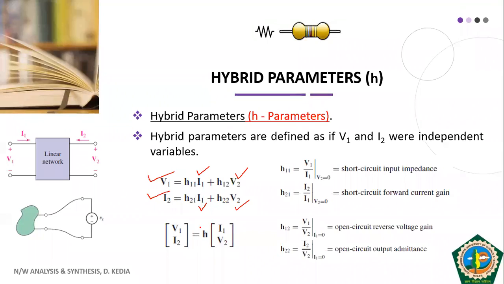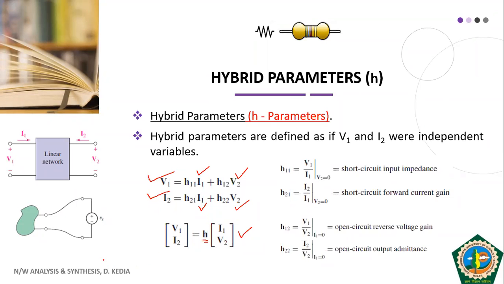So equation for H parameter is V1 equal to H11 I1 plus H12 V2. Second is I2 is equal to H21 I1 plus H22 V2. The same kind of representation has been followed. If we represent in the form of matrices, this is the representation: V1, I2, this is your column matrix, equals H, this is your H parameter matrix, and here we have I1, V2.